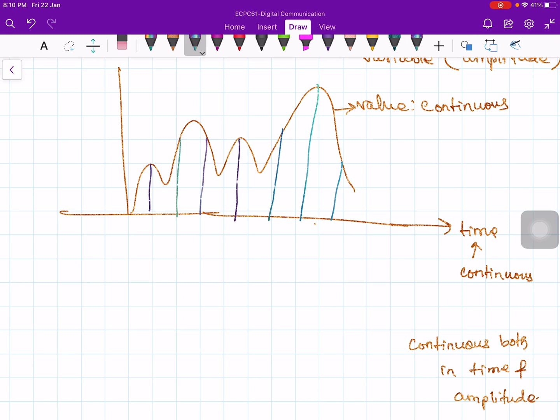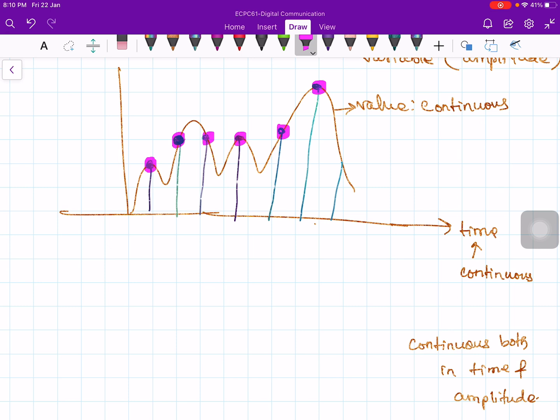These are the samples that you have obtained after sampling, and these are the values you have after sampling. Now these values are continuous, they are not discrete. These values lie on a continuous amplitude axis.